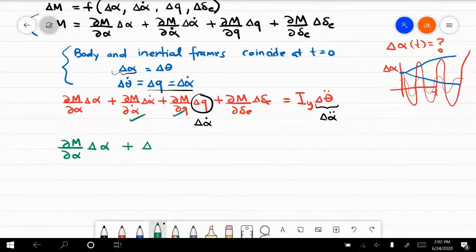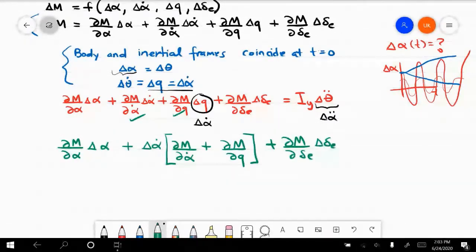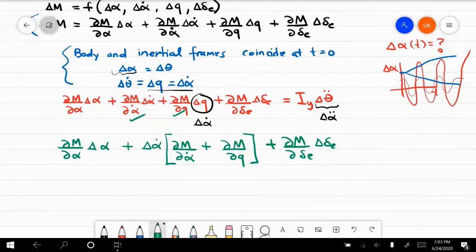So I will have delta alpha dot times dM/d alpha dot plus dM/dq, plus dM/d delta e. Well, there's nothing I can do about this elevator angle, equals Iy delta alpha double dot.